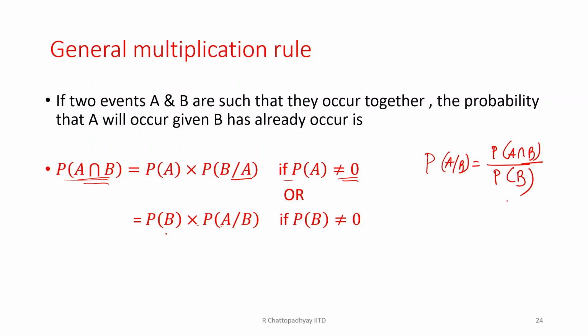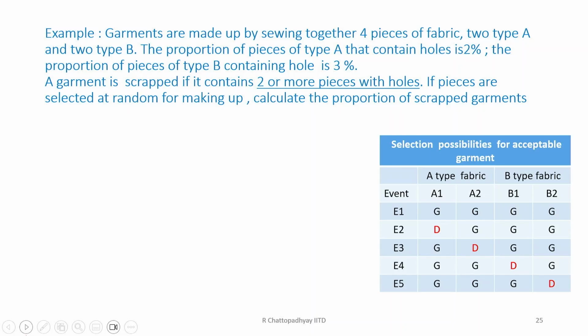That basically means P(A intersection B) is going to be the multiplication of these two. That's what we have written here. This is known as the general multiplication rule. And we can give an example.